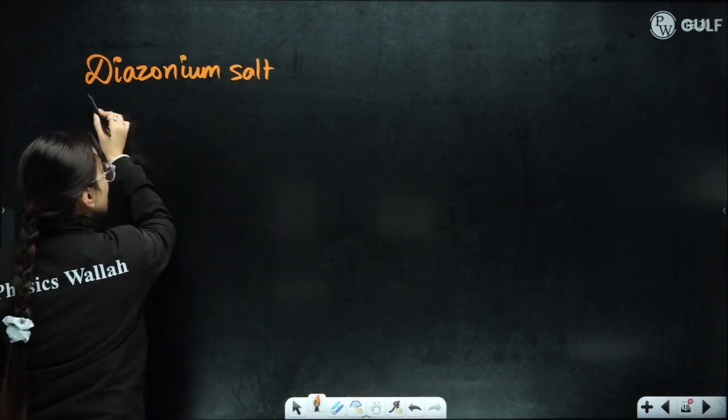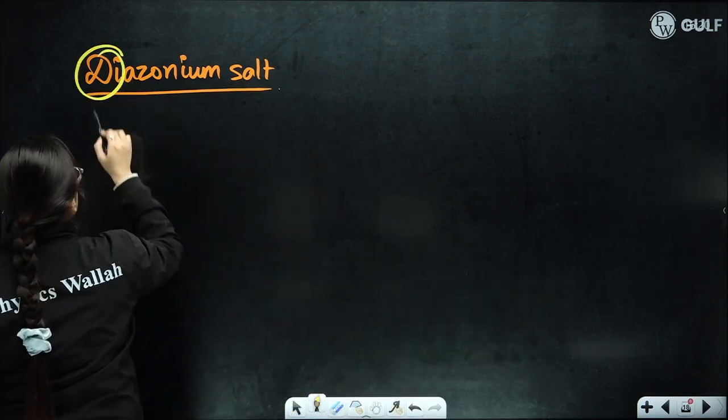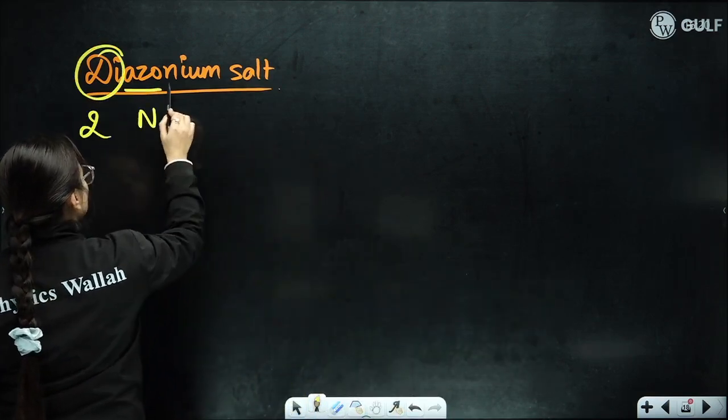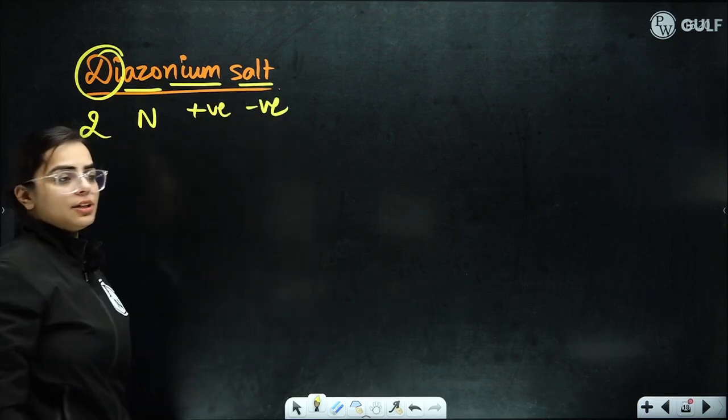See, when I am saying diazonium salt, understand that di stands for 2, azo stands for nitrogen, ium stands for positive, and since it is a salt, it will also have a negative 1.